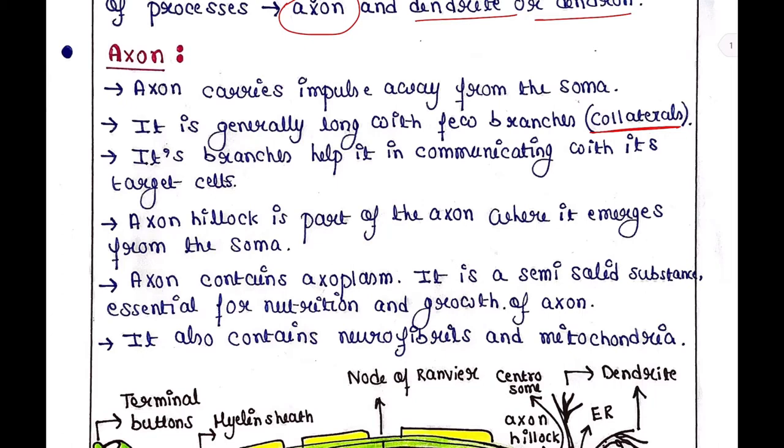So axon contains axoplasm. It is a semi-solid substance. Axoplasm is essential for nutrition and growth of axon. Axon also contains neurofibrils and mitochondria.